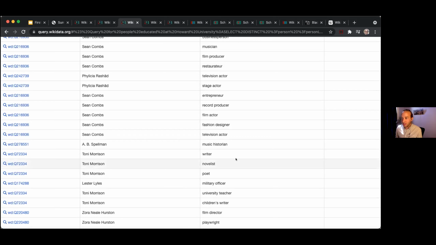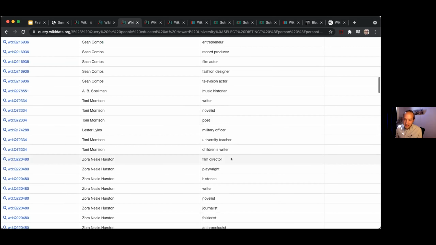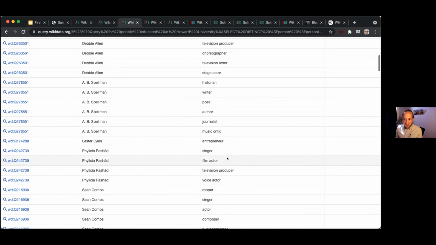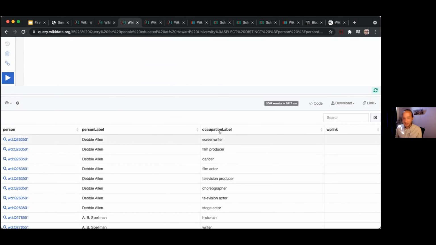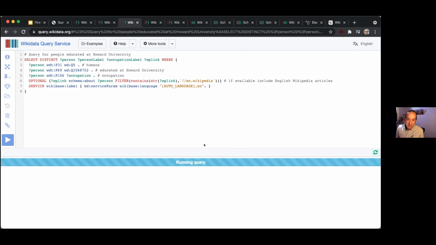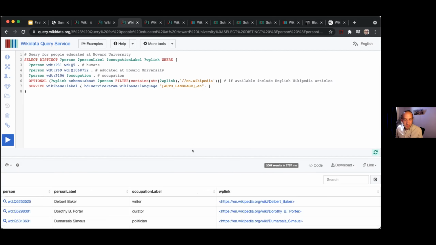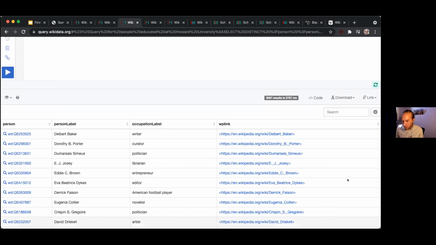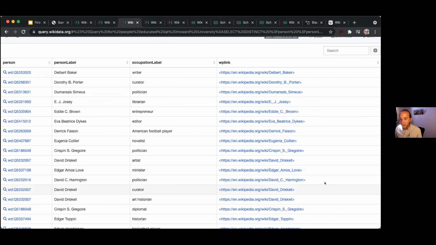And it's a really cool way to start to analyze this data. You can ask Wikidata a lot of other things, but I just chose occupation because I think it's interesting. And it's a good place to start doing some analysis of alumni work. Additionally, I mentioned that Wikidata is tied to Wikipedia. So I'll just modify this query by activating this line right here and run it again. And if the person has a Wikipedia article associated with them, I've also pulled in the link to that Wikipedia article.